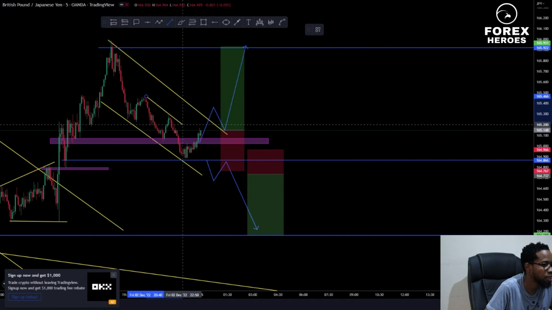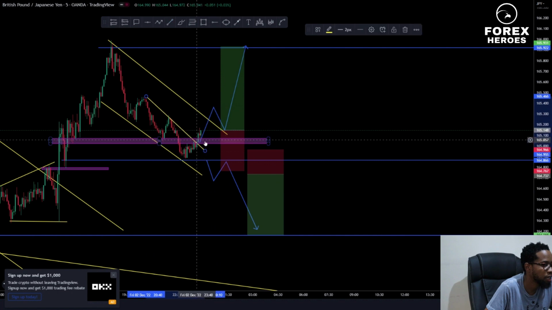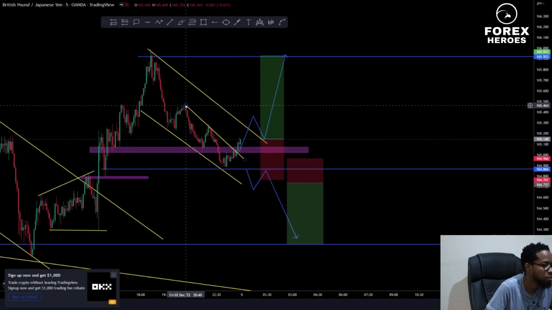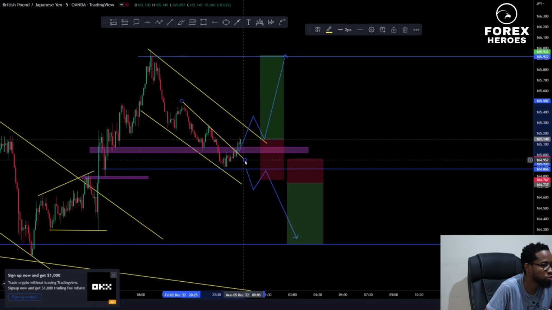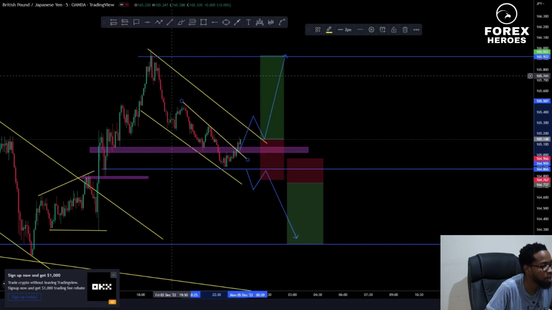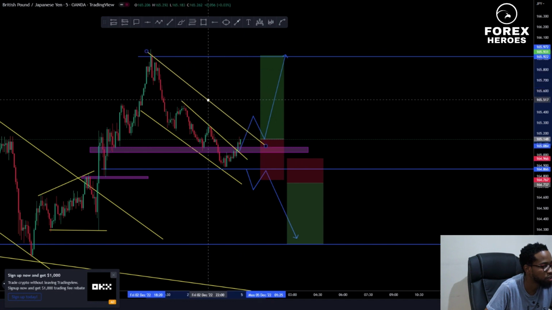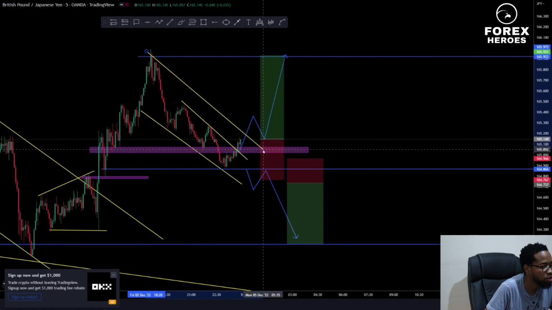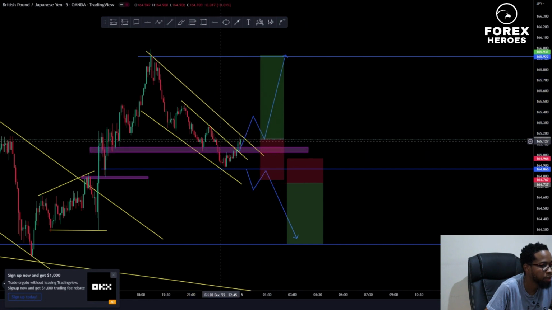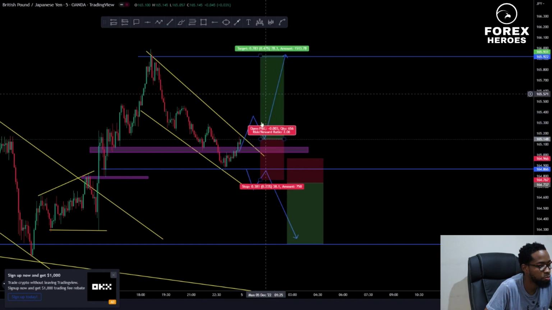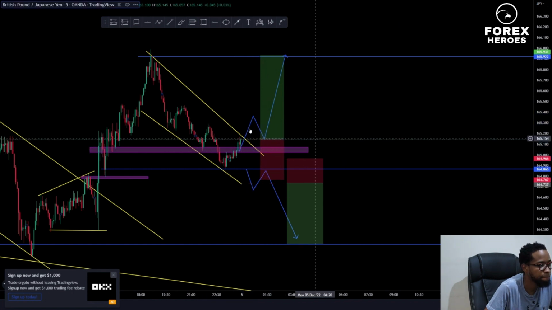We could have caught it here. You can see here, but it's not too clear because it's a small one, but the bigger one will be this one. So I'll be happy taking the trade at the break of this one. Once it breaks, retest, then we're gonna go hard.